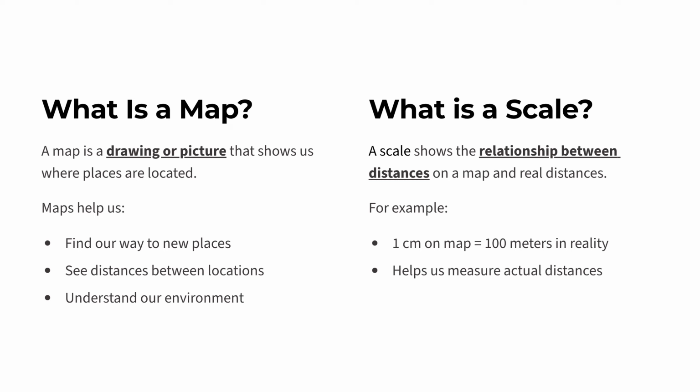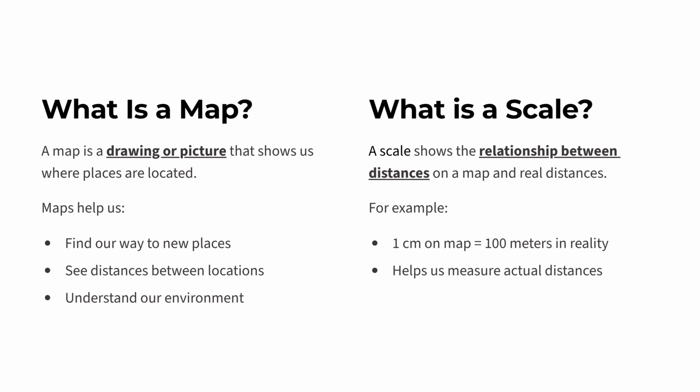A map is a drawing or picture that shows us where places are located. It helps us find our way to new places, see distances between towns, and understand our environment better. Think of it like this. If you could fly like a bird and look down from the sky, the view you'd see is what a map shows.